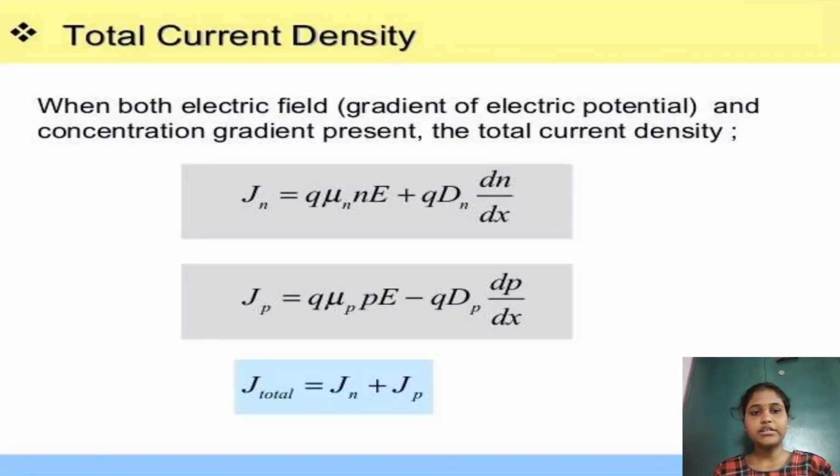Total current density. When both electric field, that is gradient of electric potential, and concentration gradient are present, then the total current density Jn is equal to q mu n E plus q Dn into dn by dx, and Jp is equal to q mu p E minus q Dp dp by dx.